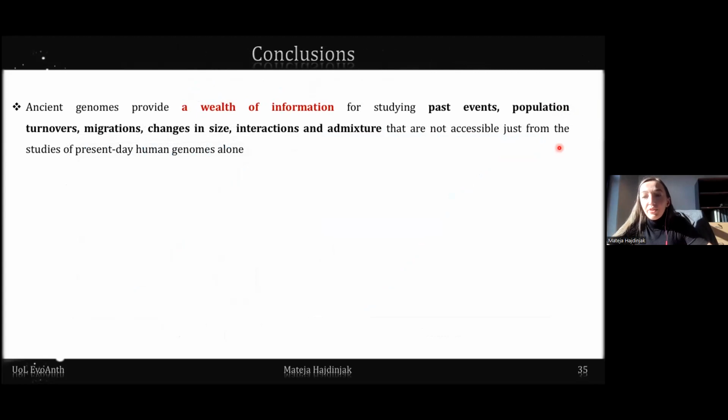Even though present-day genomes contain a lot of information about past processes that have shaped them, it is really hard to disentangle some of the fine-scale things which were happening in the past and that have been obscured by later admixture of different human groups, or migrations and turnovers and disappearance of some of the human groups from the genetic record.